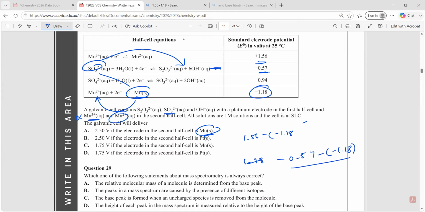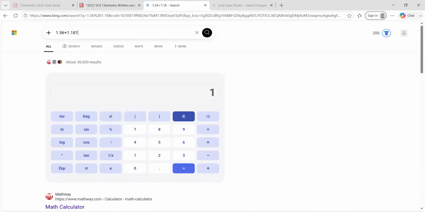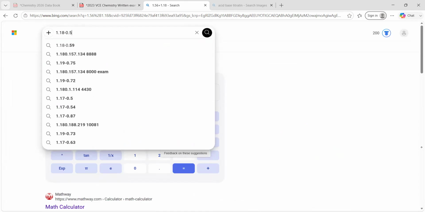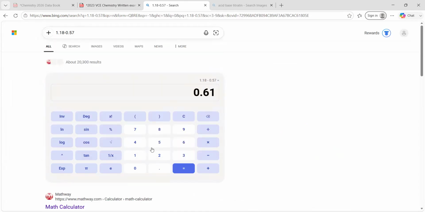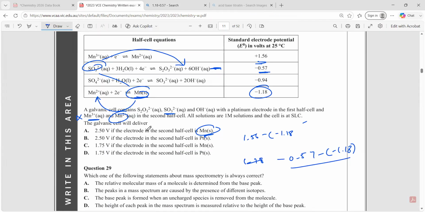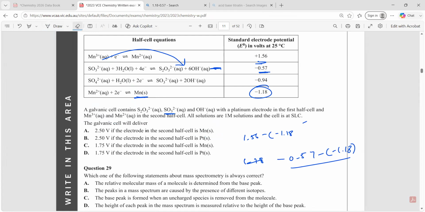Okay, what's 1.18 minus 0.57? 0.61 volts. That's not it either. Okay, that's confusing. So at 2.5 volts, if the second half cell is manganese.